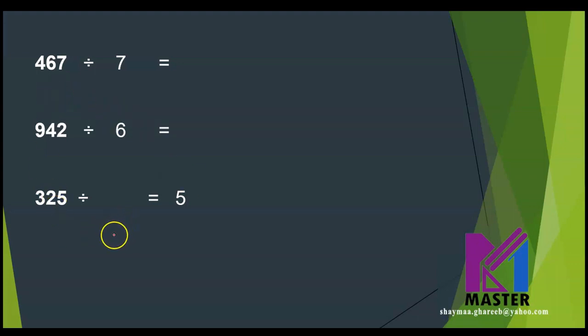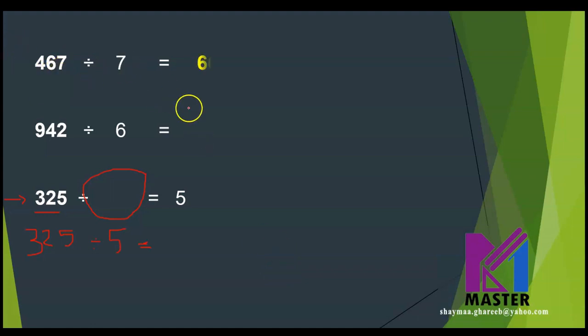Then you check your final answer with the video. In the last example here, the divisor is missing. How to get the divisor when the divisor is missing? I divide the dividend, which is 325, by the quotient, which is the 5. Is this clear? Now let's check the answers. Stop the video and do your steps.